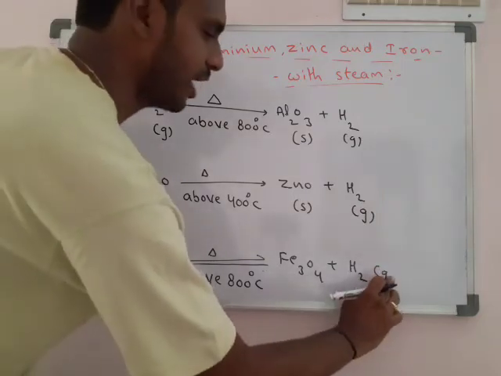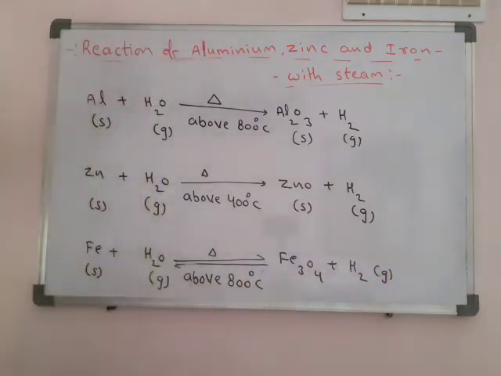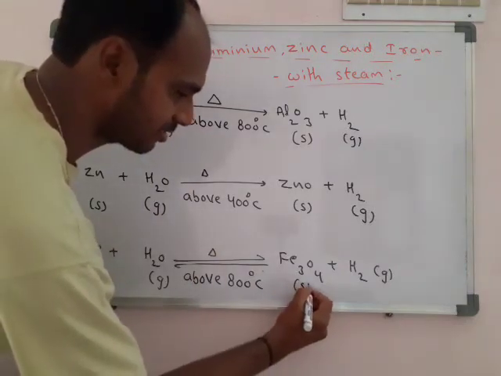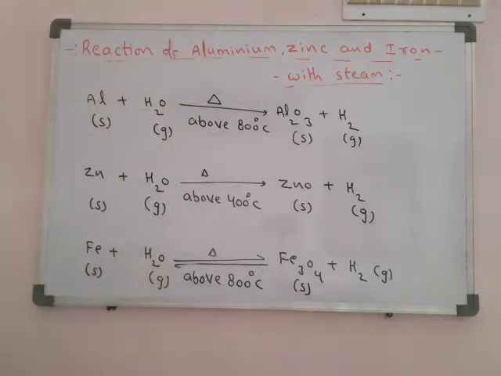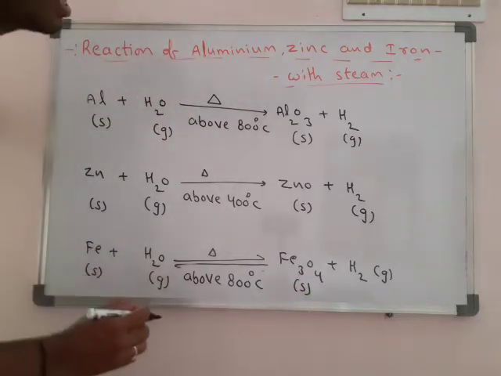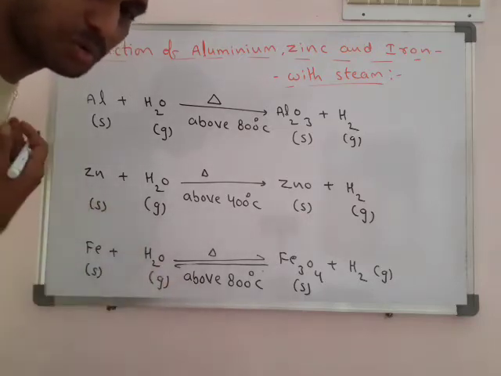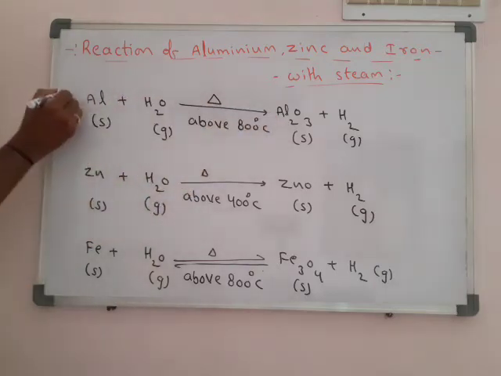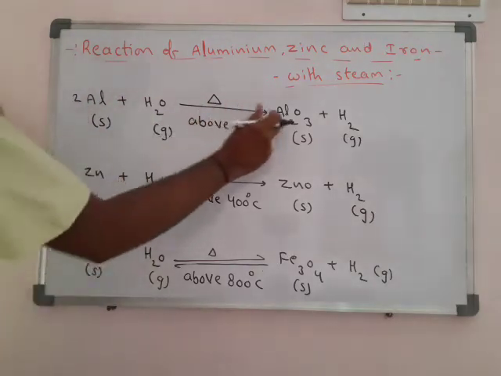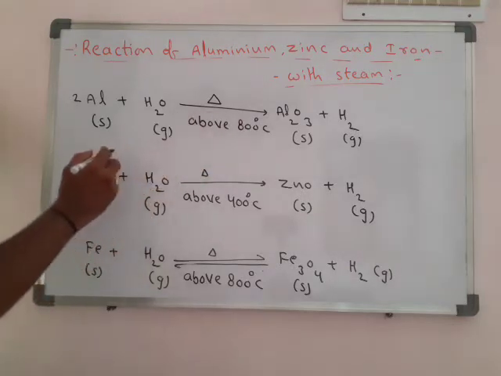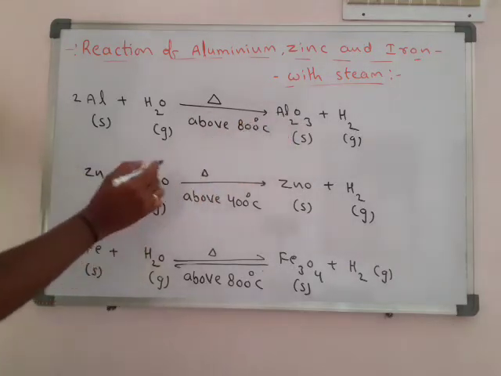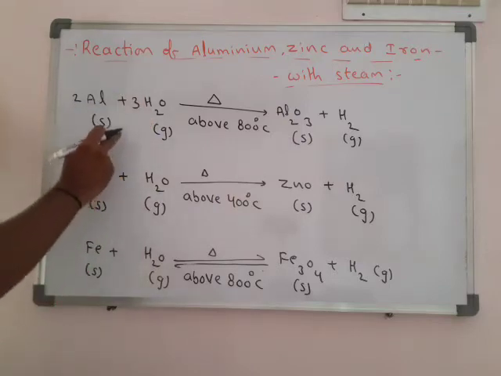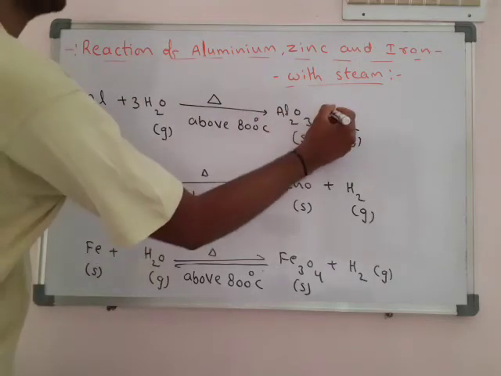Here it is important that we have to balance these equations. Whenever you write chemical reactions, we must balance them. It is compulsory; we have to write balanced equations only. How many aluminiums are there? 2 aluminiums, so put two aluminiums. How many hydrogens? 2, no problem. But how many oxygens are there? 3 oxygens, so put 3. How many hydrogens? 6, make it 3.